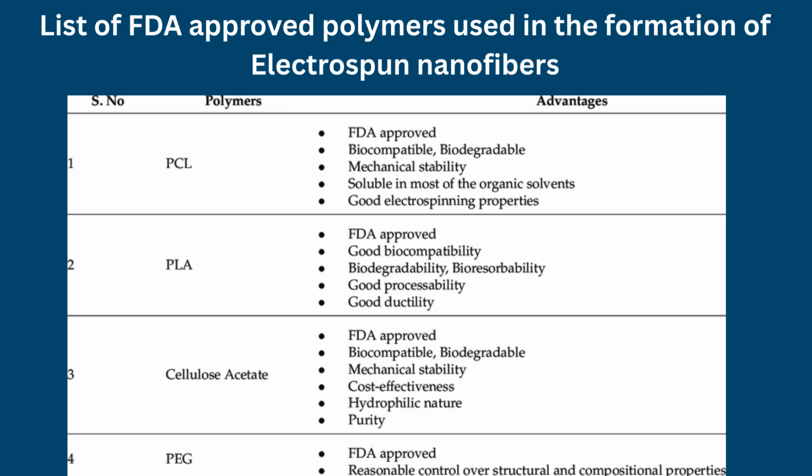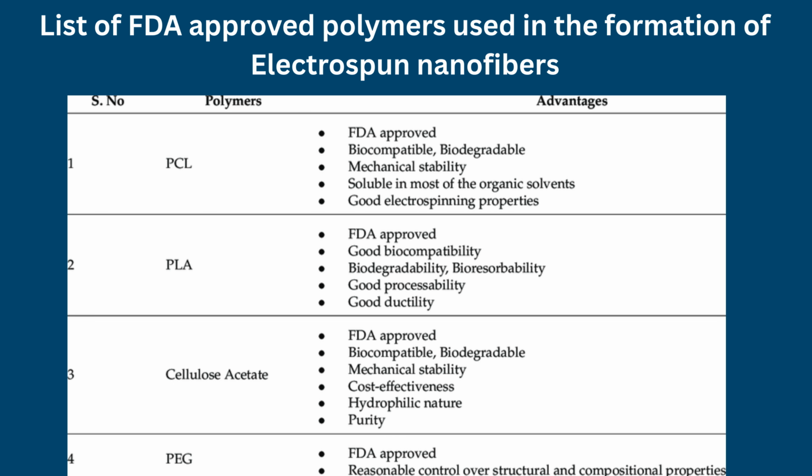Polymer and material selection. The versatility of electrospinning arises largely from the wide range of materials that can be processed into fibers. Organic polymers constitute the primary class of materials used in electrospinning, encompassing natural, synthetic, and semi-synthetic polymers.